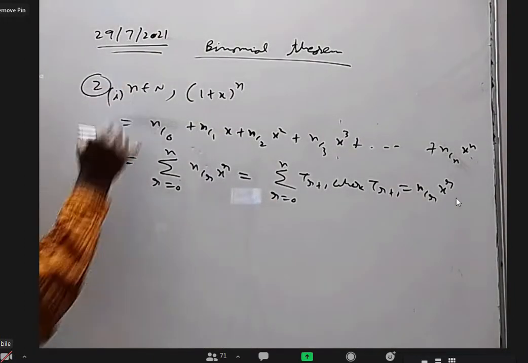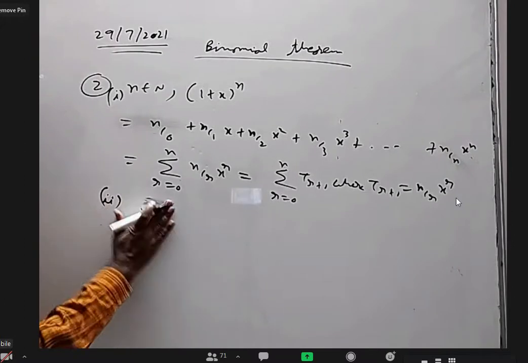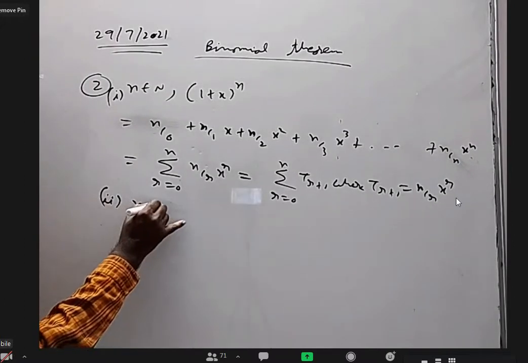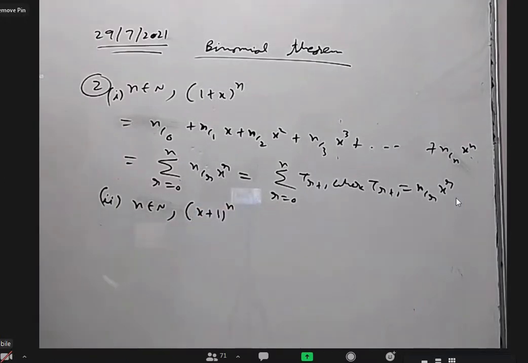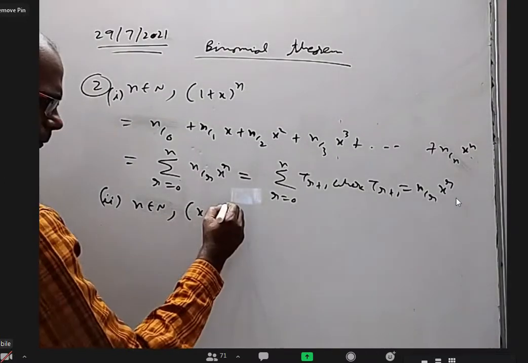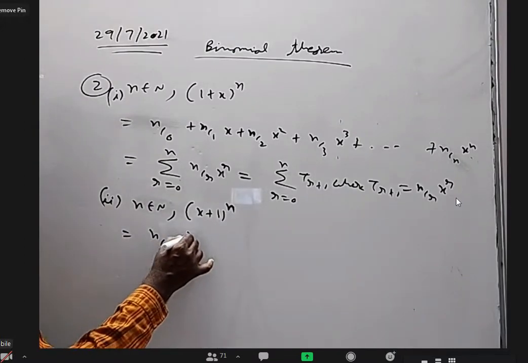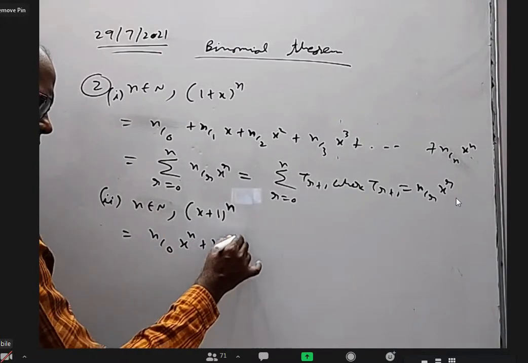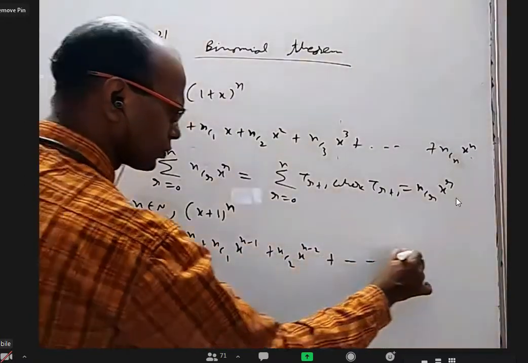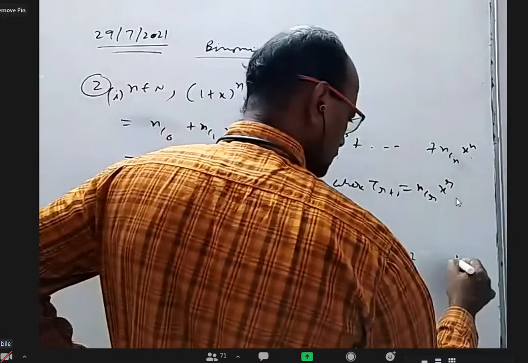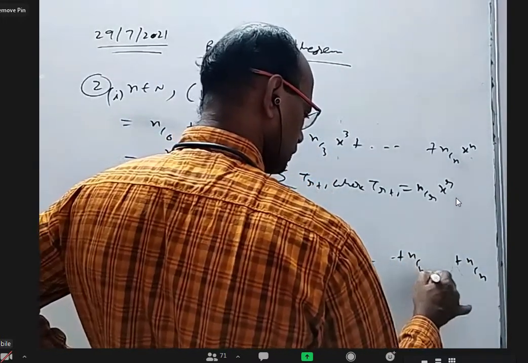Okay, within this I want to write one more point. If I want (x plus 1) whole power n, let us say n is a natural number, that will be nC0 x power n, nC1 x power n minus 1, nC2 x power n minus 2, and at the last nCn, and before that nCn minus 1 into x.